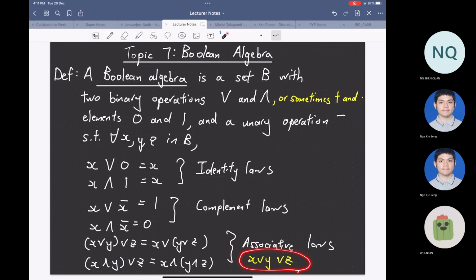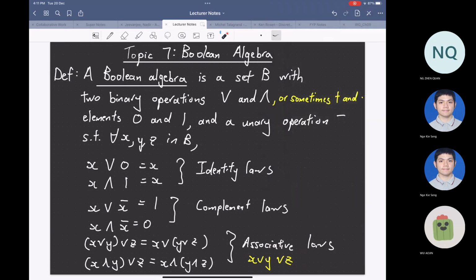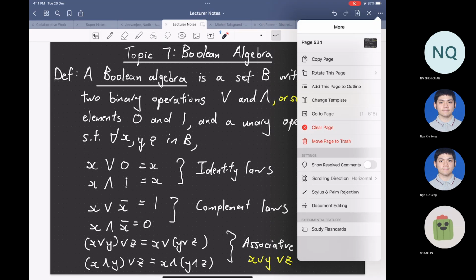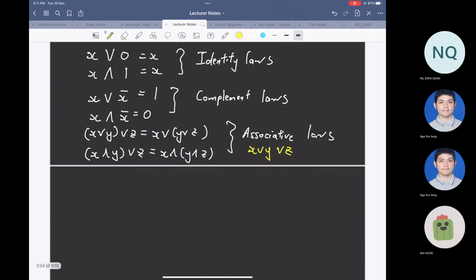So this is well defined. Next is commutativity. A intersect B is the same as B intersect A. X union Y is equal to Y union X, and X intersect Y is equal to Y intersect X. So these are the commutative laws.